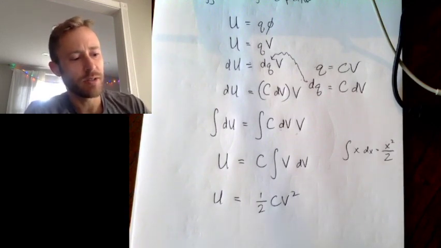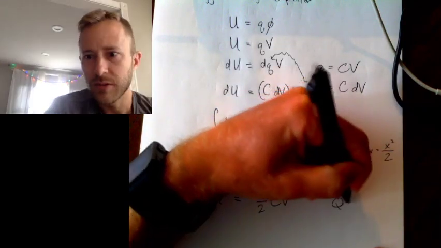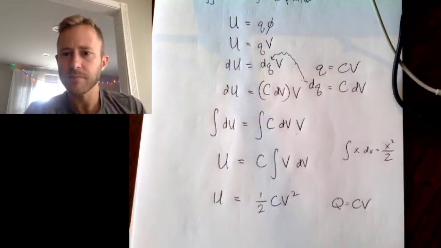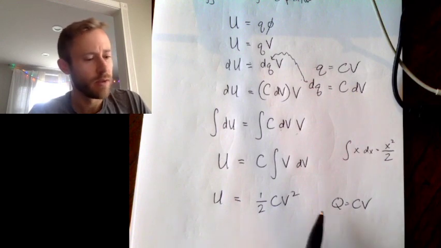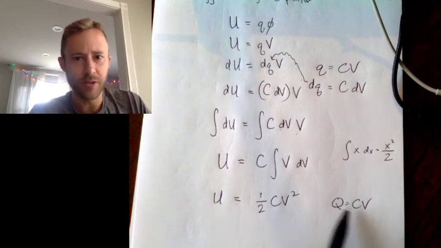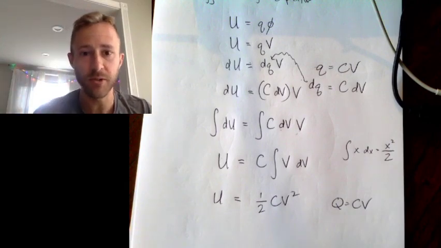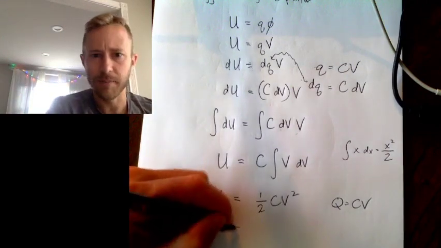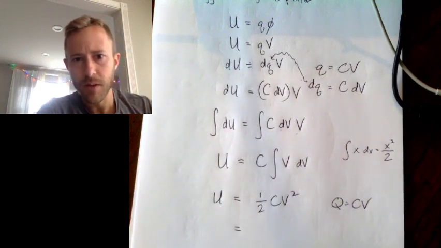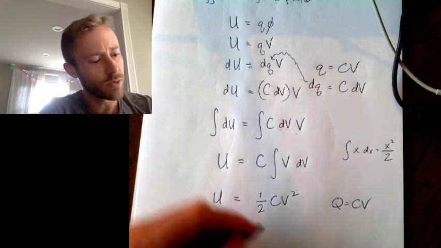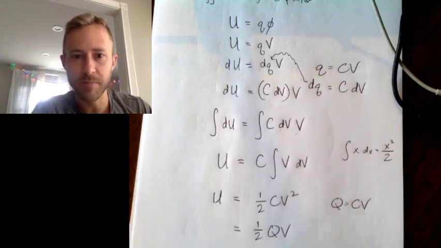Now we can actually mix this equation with Q equals CV. We can take these two equations and mix them together and express the energy in terms of different variables. What we can then do is write it as 1/2 QV. That's one way we can write it.